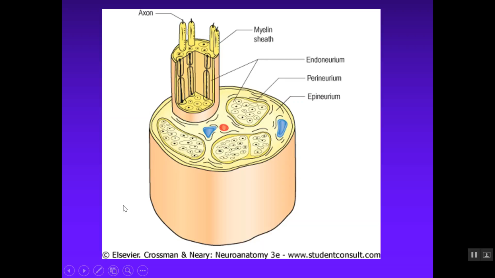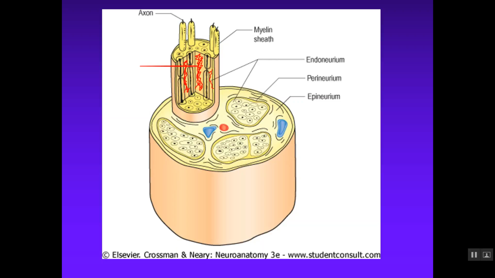So here's a picture showing you the different layers. This stuff that's all around these individual axons and the myelin, you see the myelin there, that is the endoneurium.